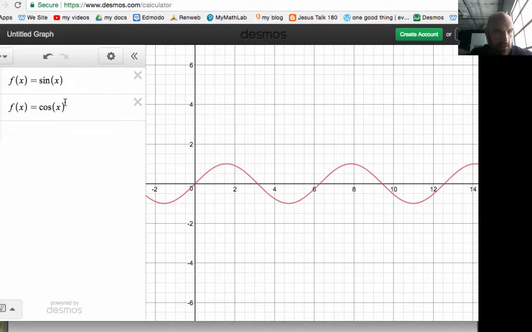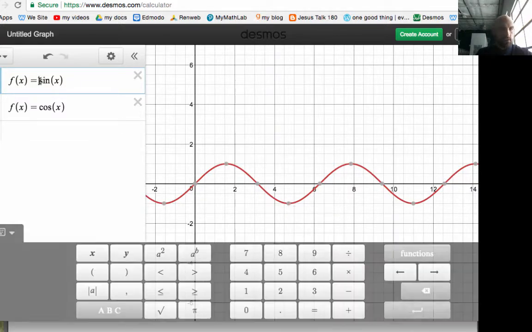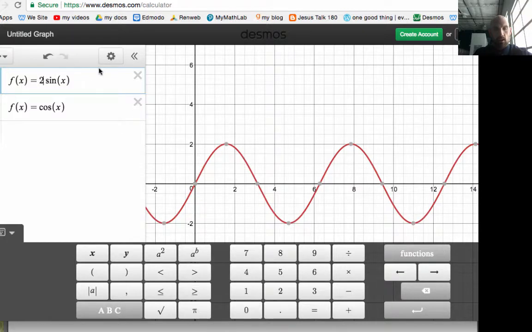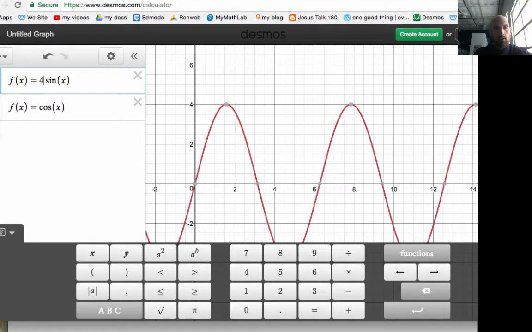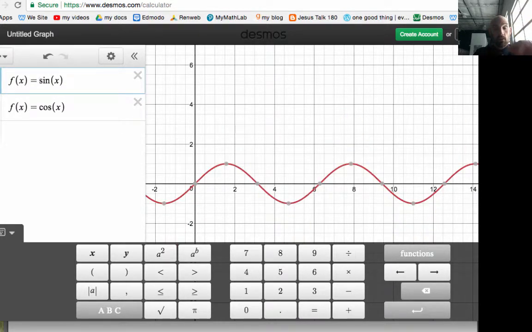I've got this max of 1 for y, and here I've got -1. That's where our amplitude comes from. So let's say I put in a 2 here. See how it gets taller, or a 3, or a 4. See how it gets taller and taller and taller?